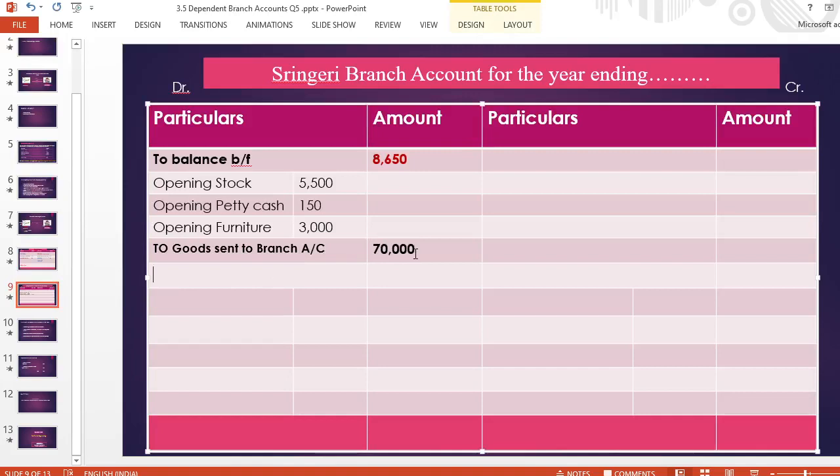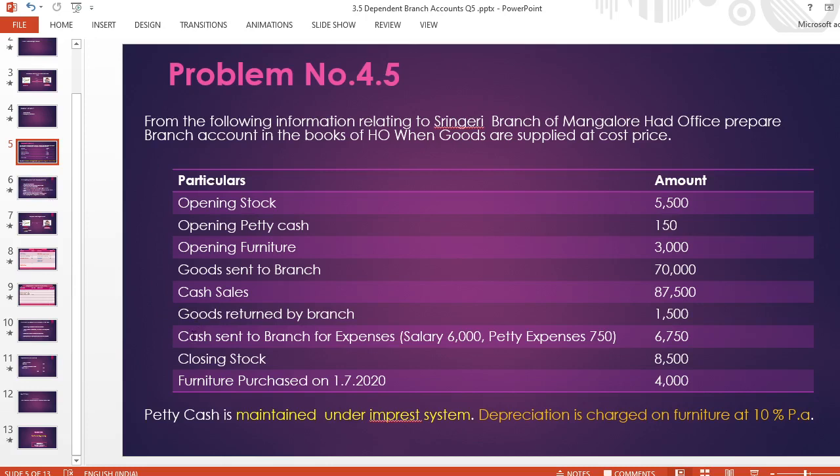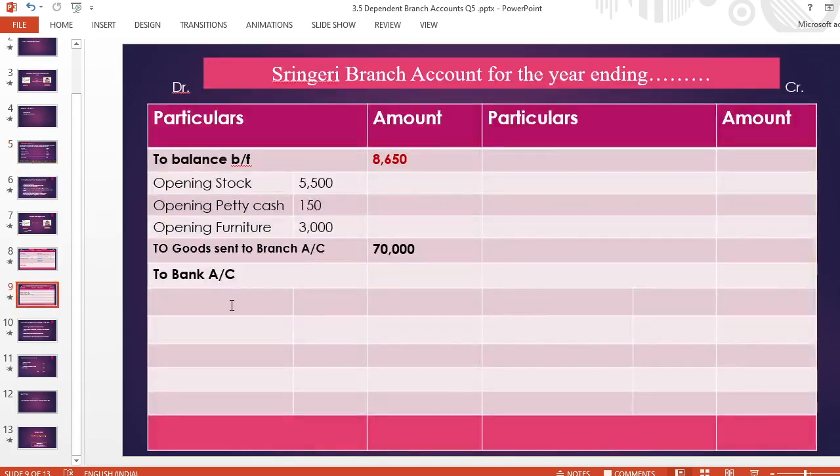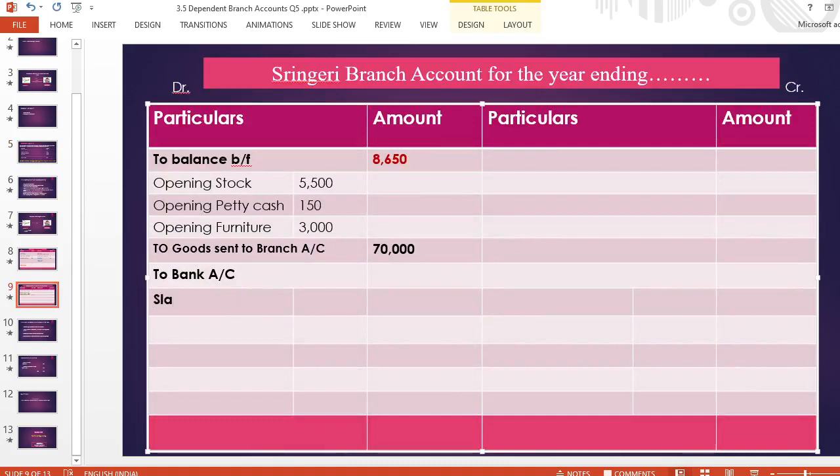And the next entry is to bank account for the expenses met by the branch. Here I can see the expenses of the branch: cash sent to branch for expenses, salary 6,000, petty cash 750. So here I'll write salary and petty cash.